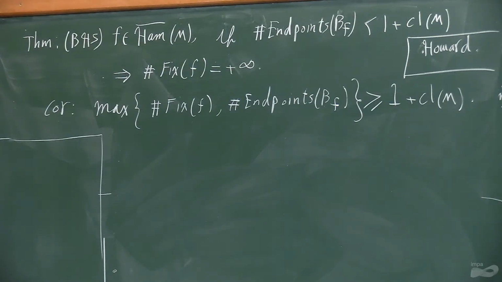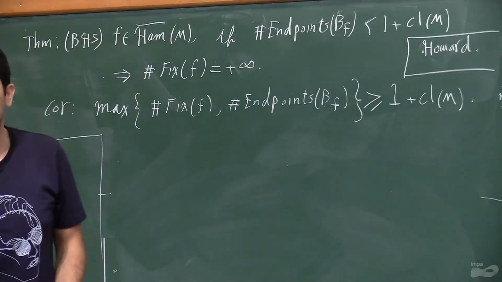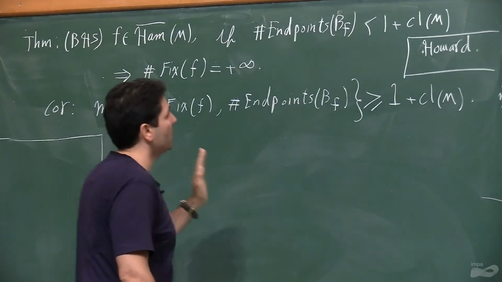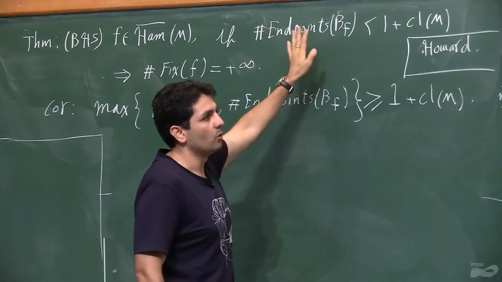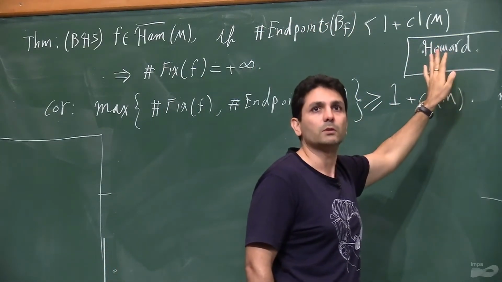I don't think so. I forgot what was known to Floer. No, not in this form. I assume in the smooth setting it was known to the experts, but the only paper I saw where this statement appears, he doesn't count the number of endpoints, he counts the number of spectral invariants and so on, is this paper of Howard.